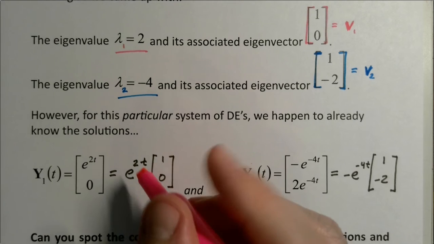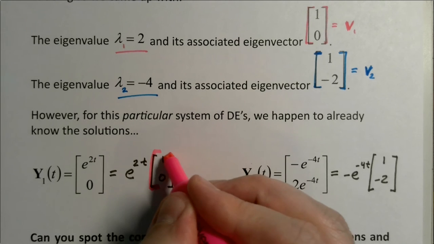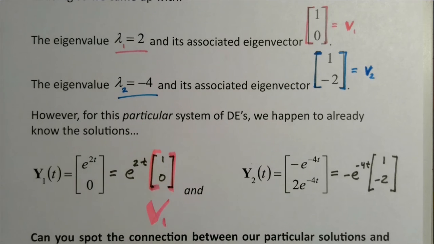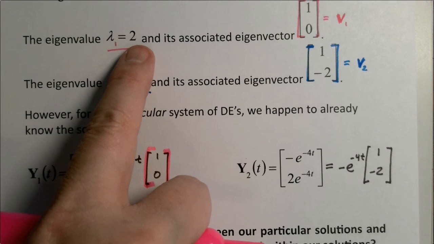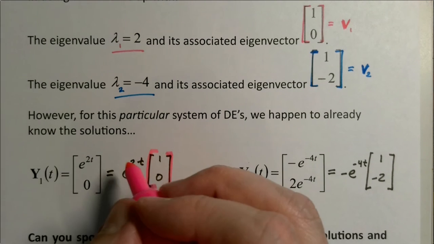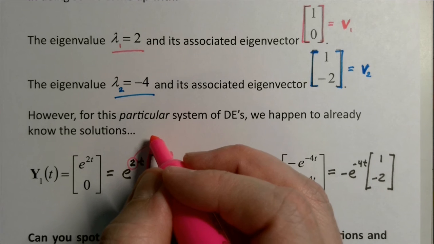You should see this guy right here. That is your eigenvector number 1. But look closely at the rest of it. Do you see that exponent up there? Do you see how it is the exact same thing as lambda 1? This thing right here, that's lambda 1.